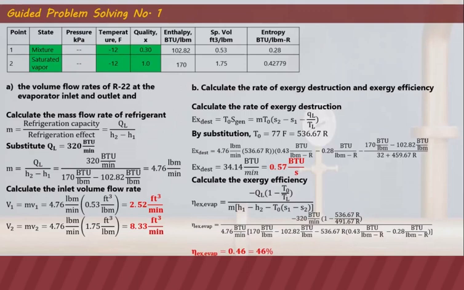So take note that the requirement is for us to have a higher exergy efficiency, because higher exergy efficiency means a high quality system. So this is opposite of our exergy destruction.